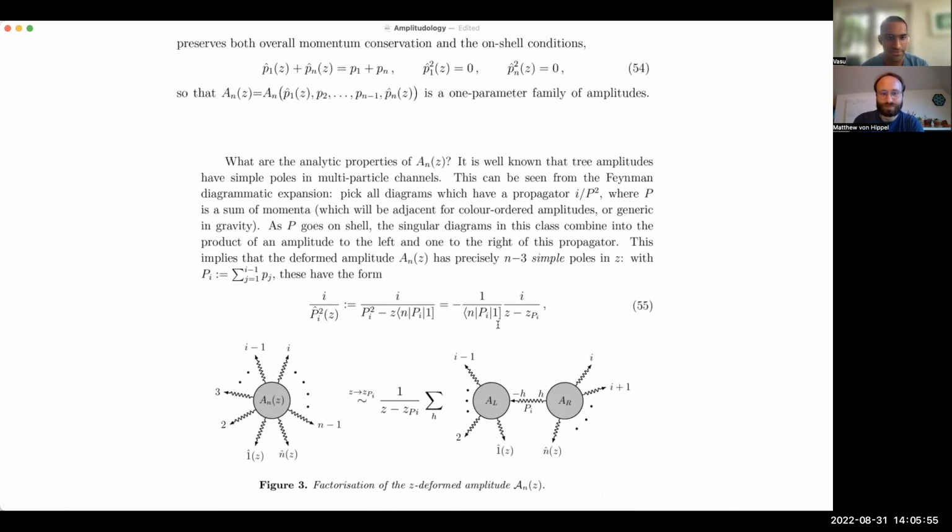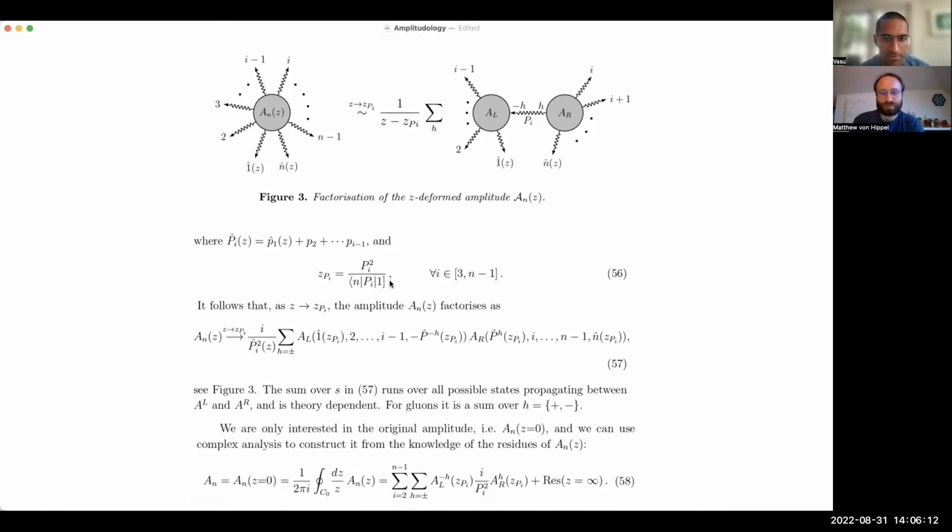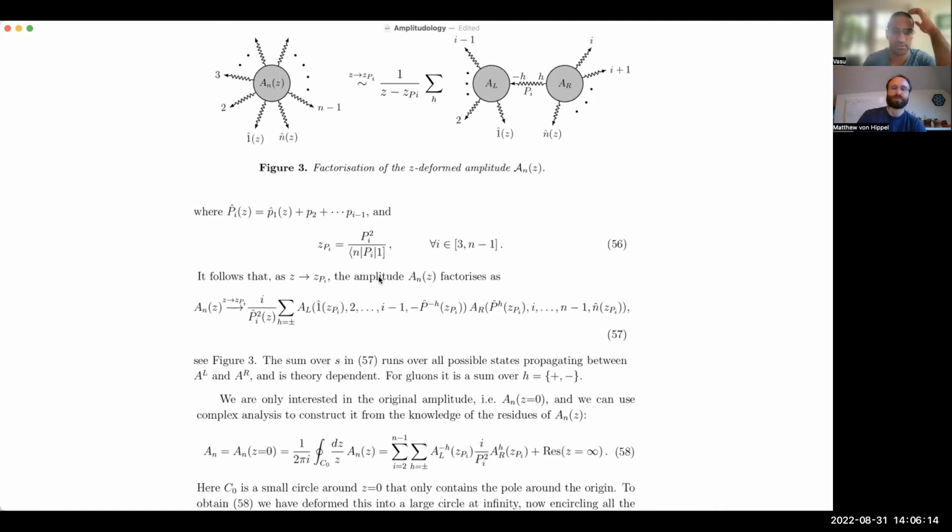So cool. We have this resulting expression: 1 over P_I²(z) is 1 over P_I² in this sandwich between 1 square and n angle with I, over z minus z_P_I. And now the poles are at these three positions.